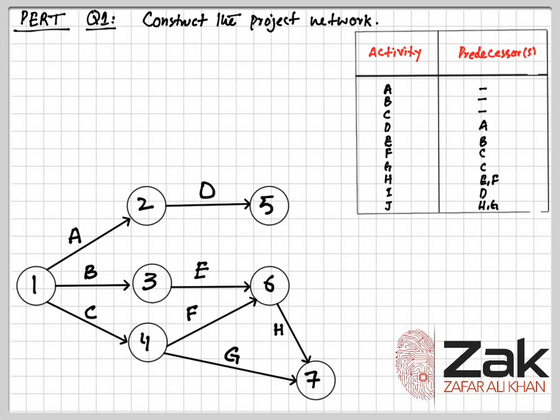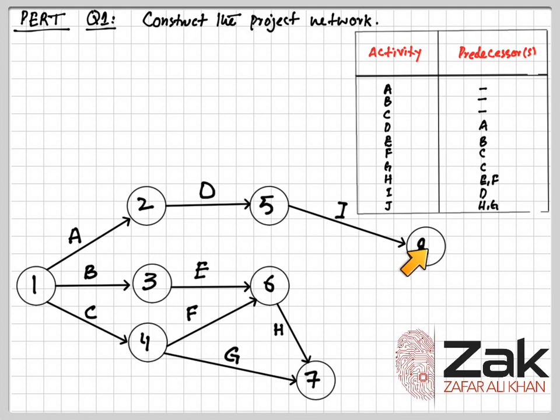Now next, H is finished. Now we have I, which starts when D finishes. D finishes at node 5, so we will start I there, and I will end at 8.